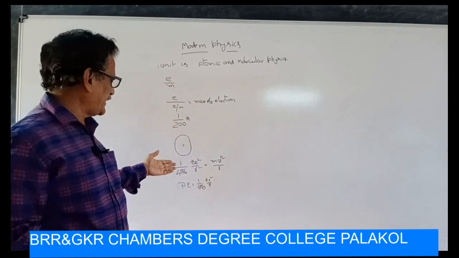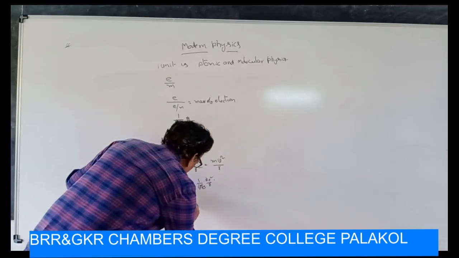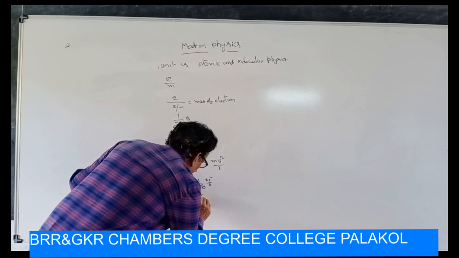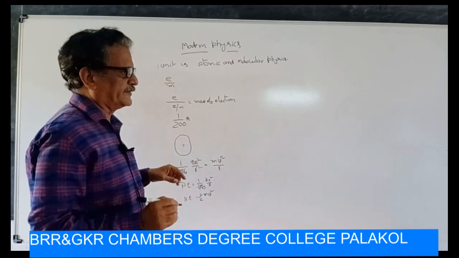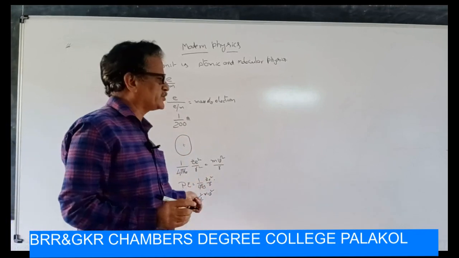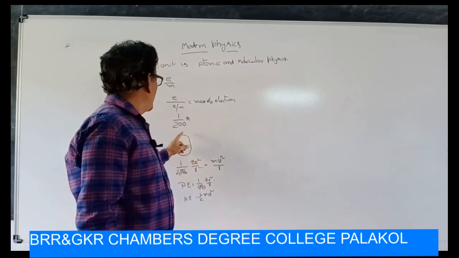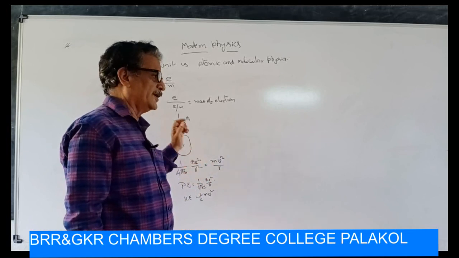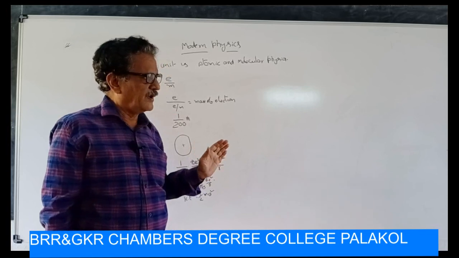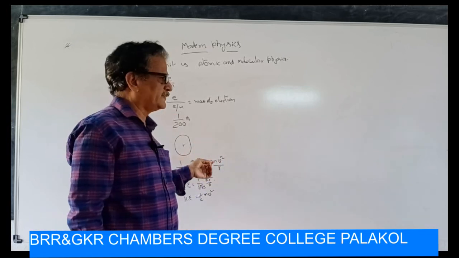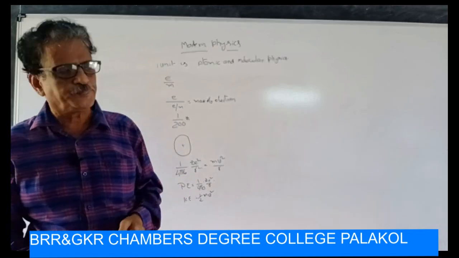As we know, the kinetic energy is equal to half mv square. The total energy of the electron is given by the sum of these two energies, and it is the energy of the orbit. So, this is about the orbit of the electron.